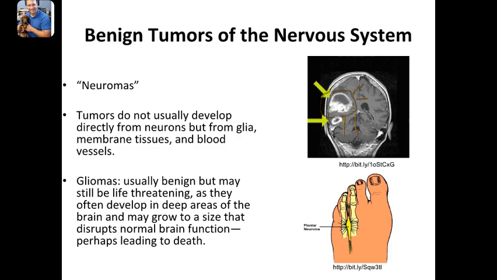A common benign tumor of the nervous system in the musculoskeletal region is between each of our, remember I talked about a neurovascular bundle, so between all of our fingers and our toes and between our ribs, we've got nerve, artery, and vein hanging out together. If you think about the digits of your hands and feet, there's a nerve between them.